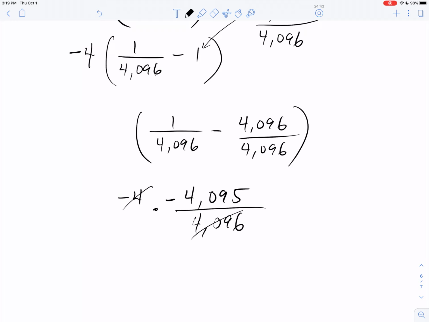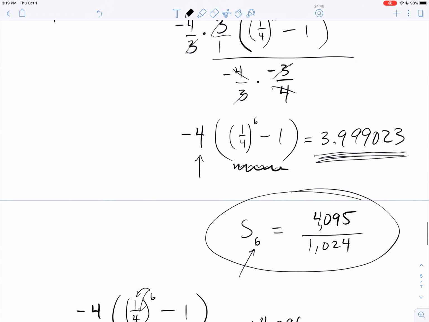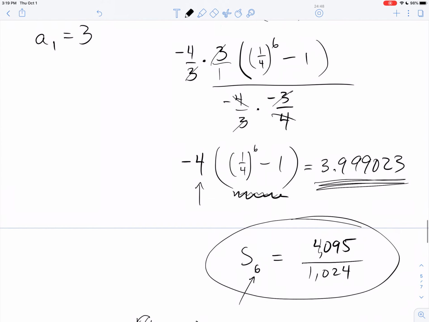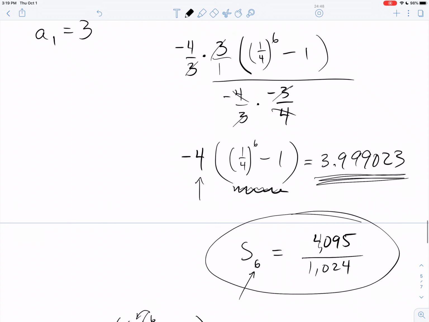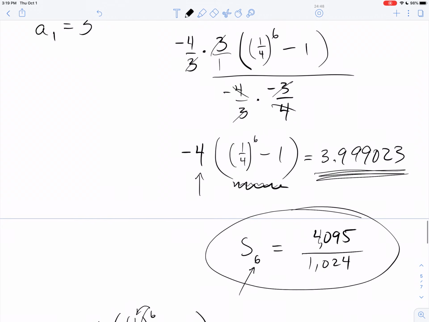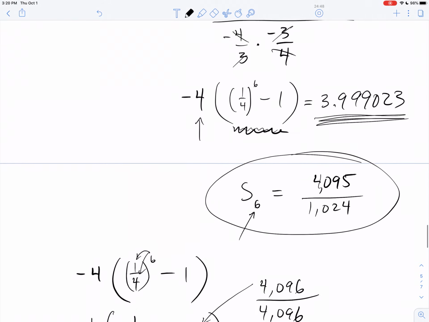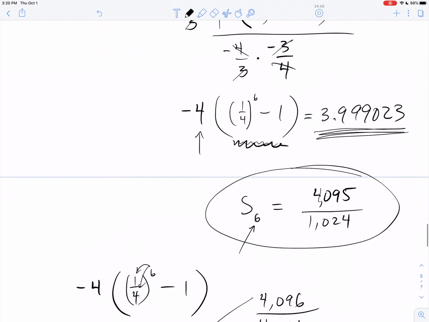Divided by 4. Is it? Yeah, it's 1024. This on the bottom would be 1024. So let me see. Where's my glitchy thing happening here? I cannot see it yet. Why can't I see it? Minus that. That would be that.